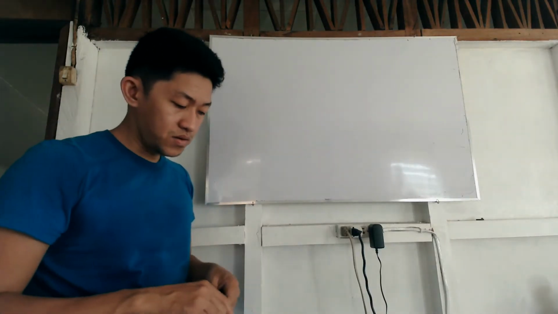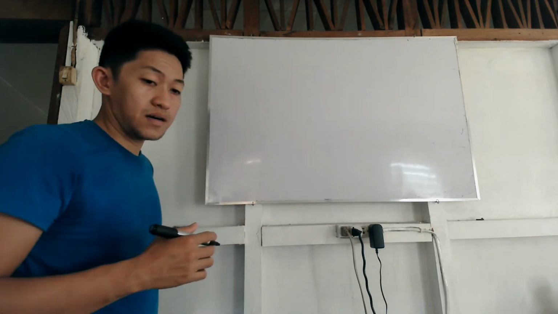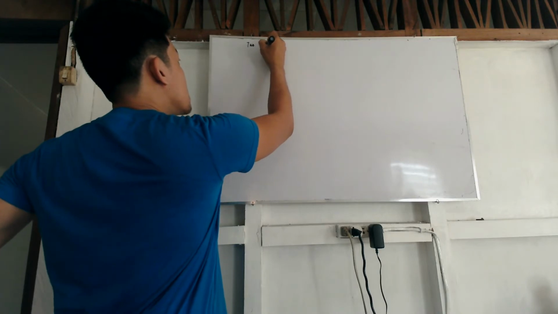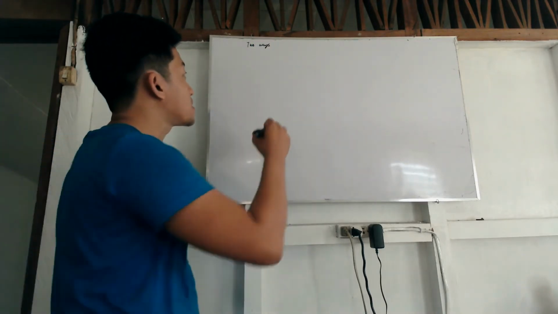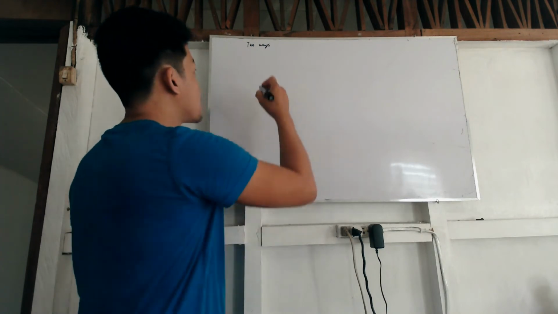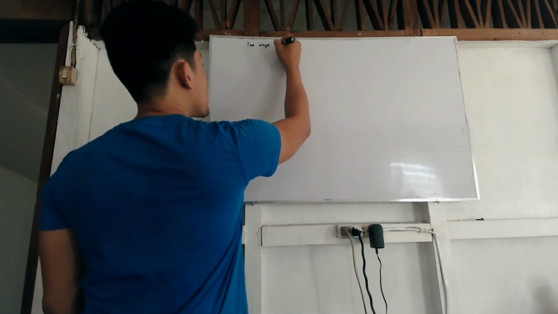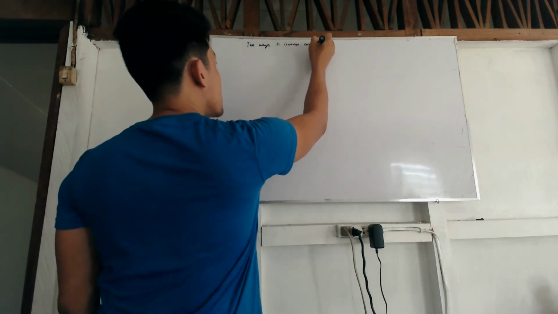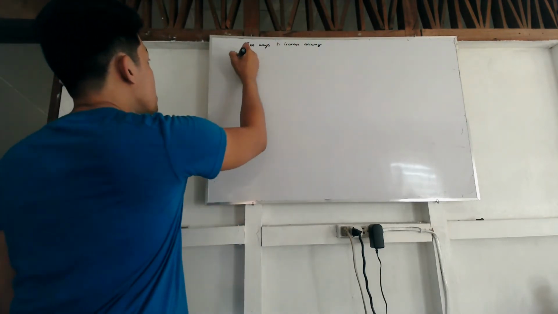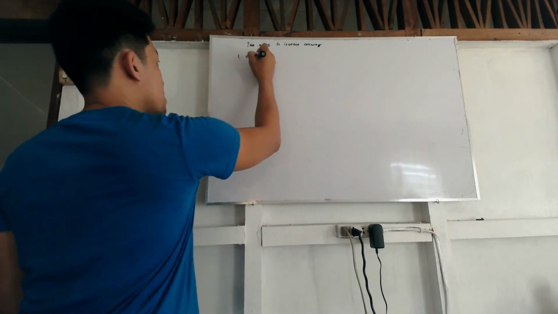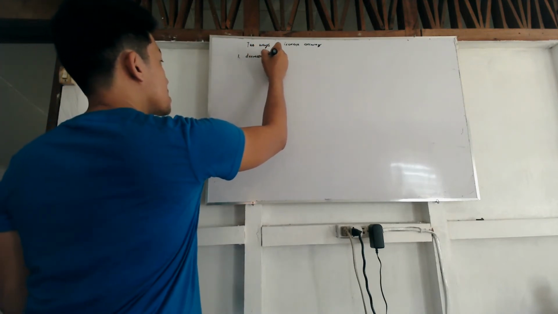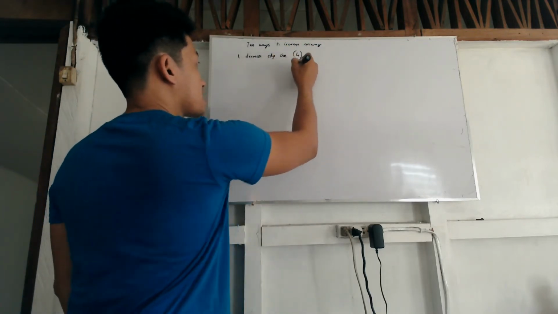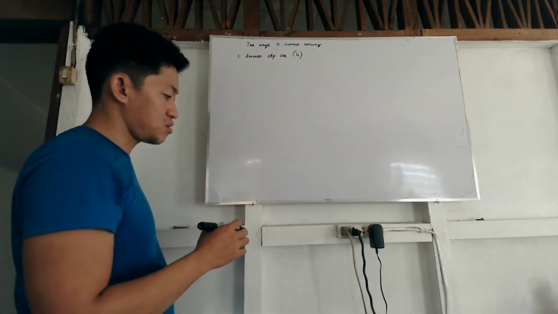Okay, so let's continue. Now, there are actually two ways to increase the accuracy of your estimation of the derivative. First is to decrease the step size h.